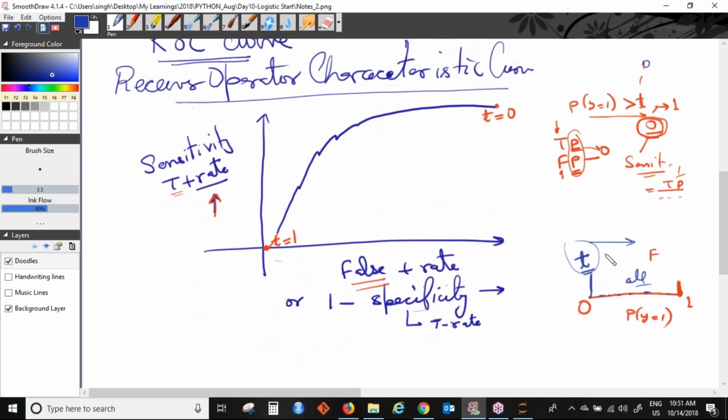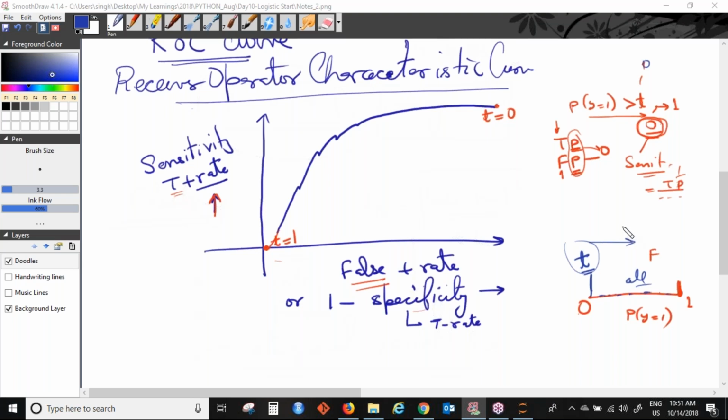So that means even if somebody has 0% chance of having cancer, you are saying he or she has cancer. So obviously, if you are looking at 0% chance of having cancer, everybody will have above 0% chance of having cancer, right? So that means everybody has cancer, you are saying.